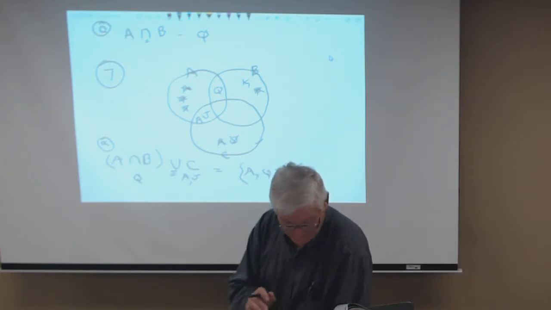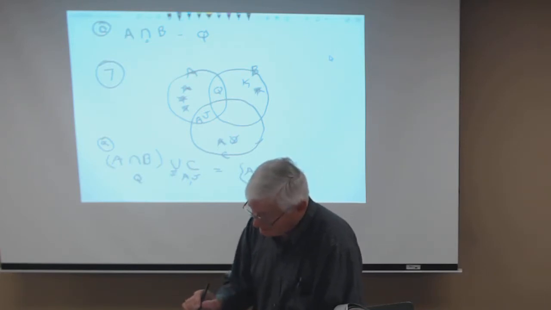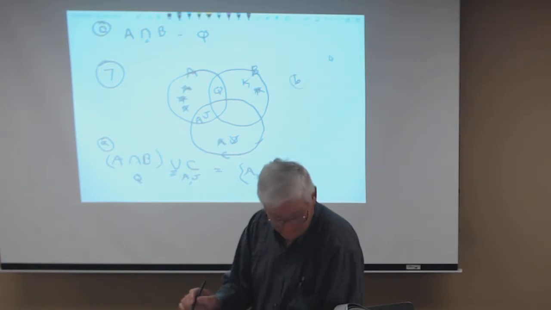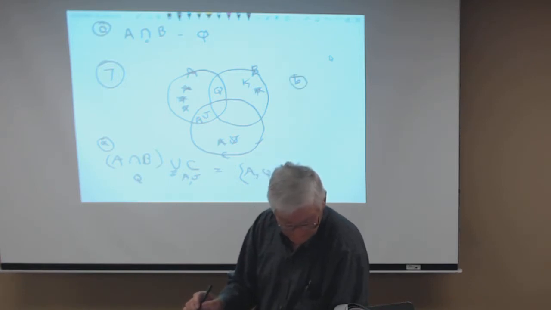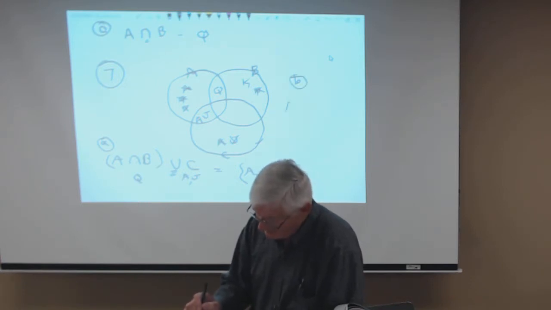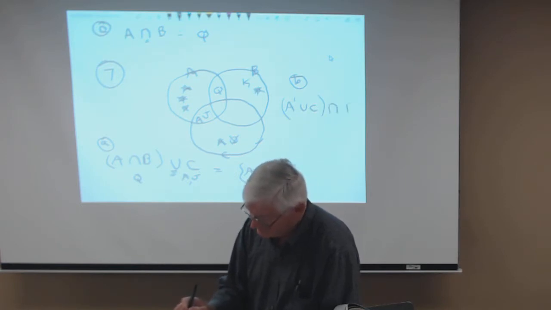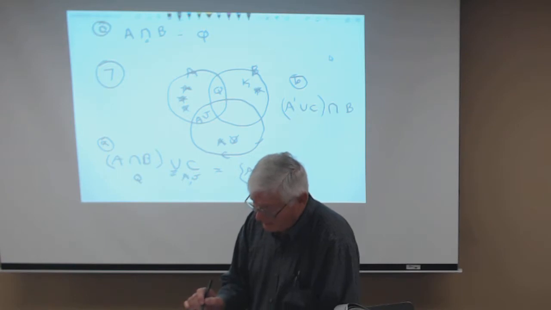Good. Let's do 7B. A prime, union C, intersect with B. What's A prime?